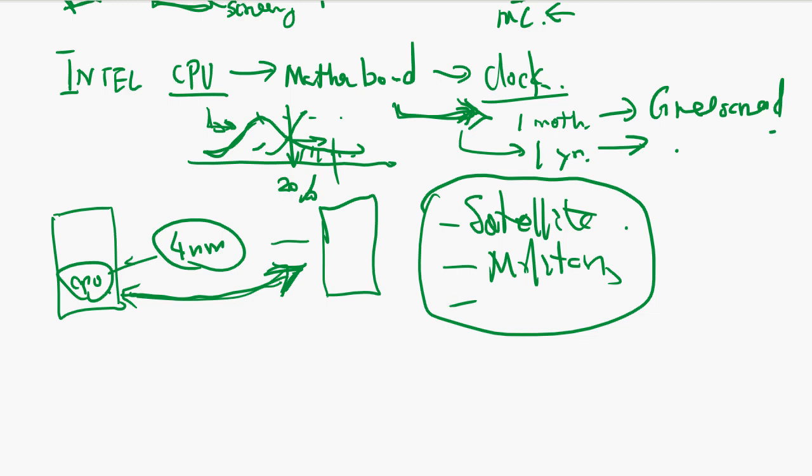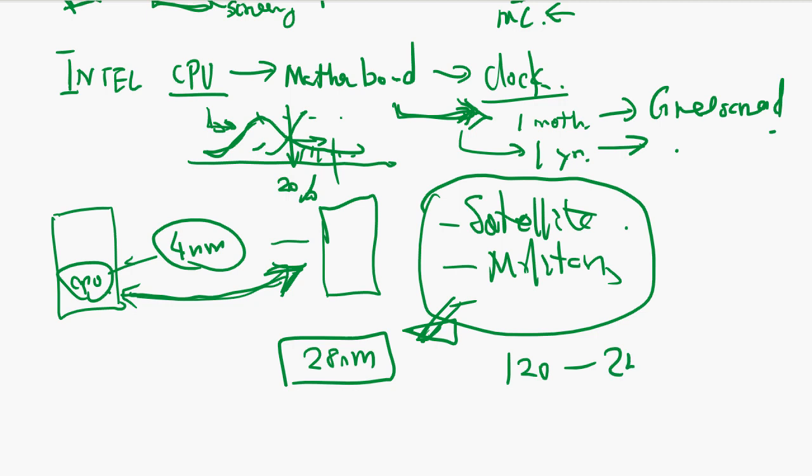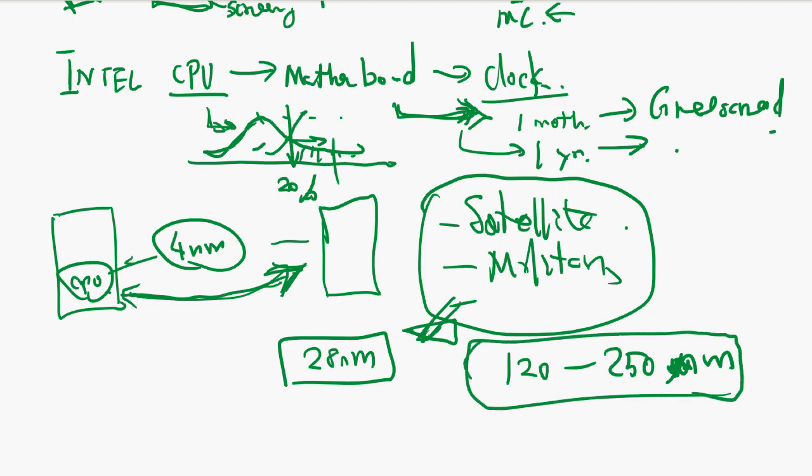That's why applications that require reliability are very conservative. 28 nanometer is the maximum you can go. Even 120, 250 nanometer chips have already been used for many years, and it's kind of guaranteed that they work. You never use the newest kind of things in critical applications. A cell phone is fine.